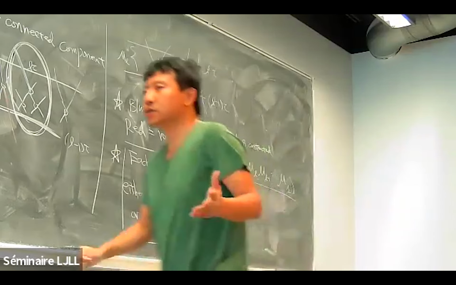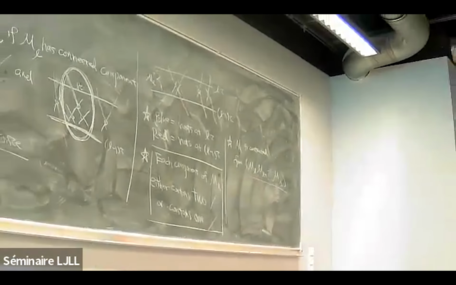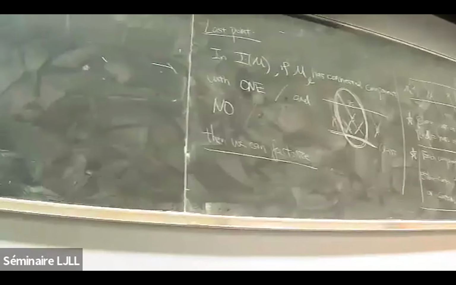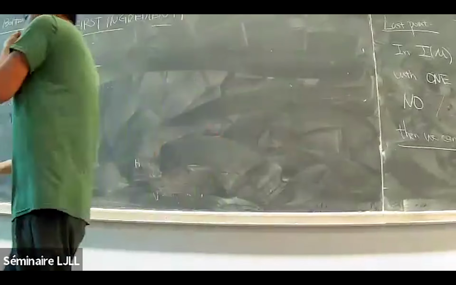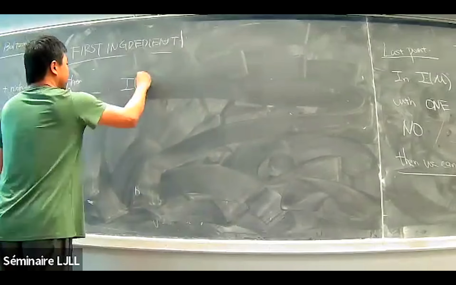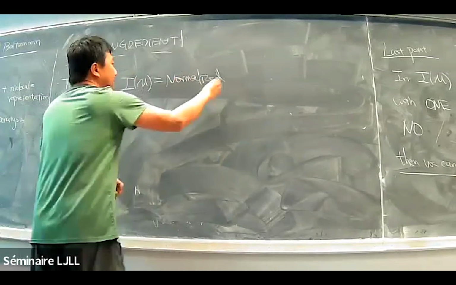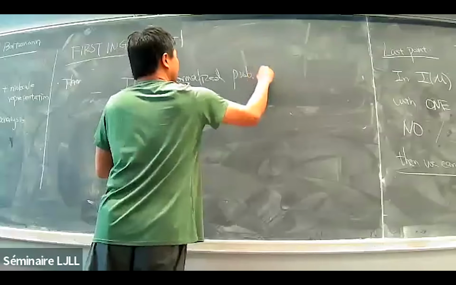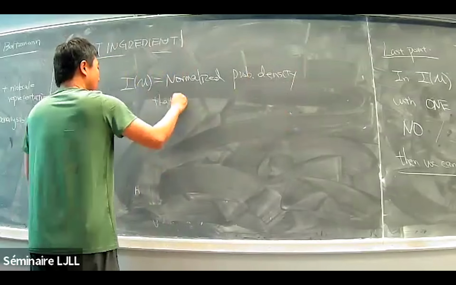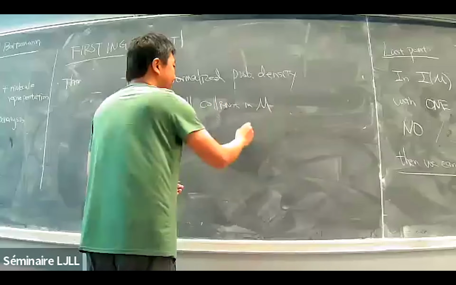And IM is essentially just the density that all collisions in M happen.